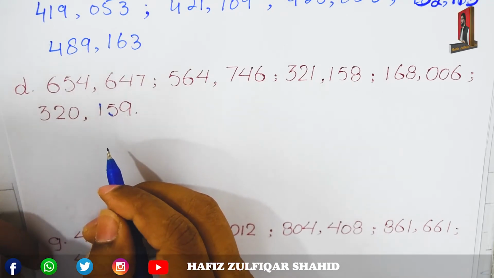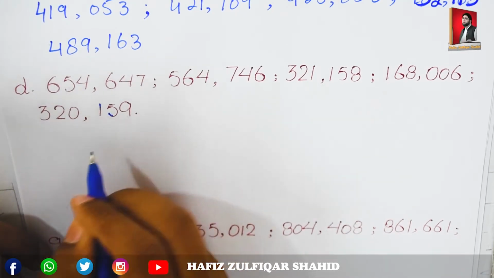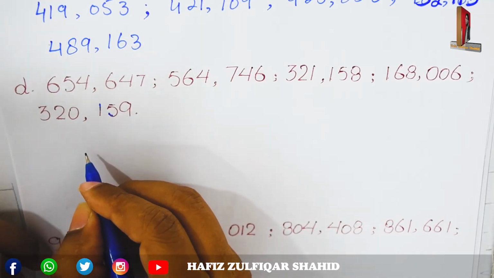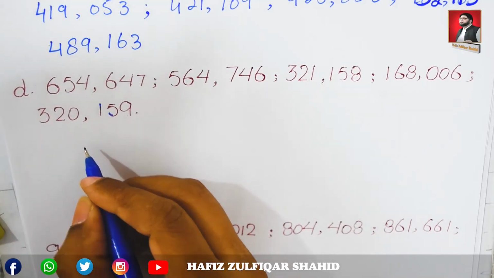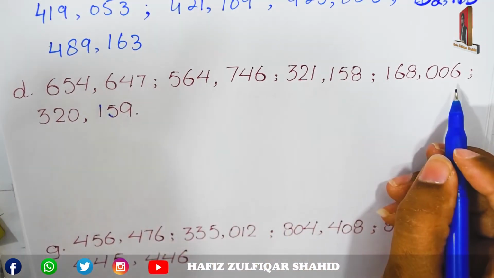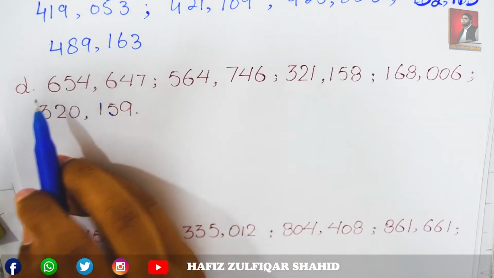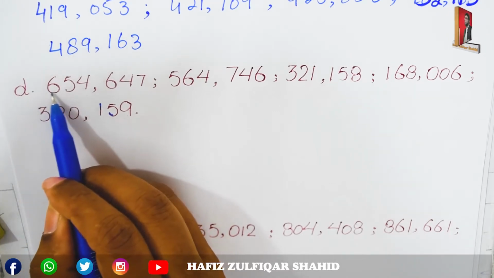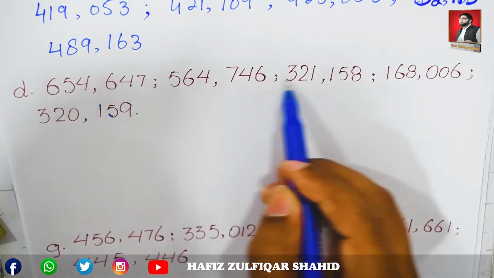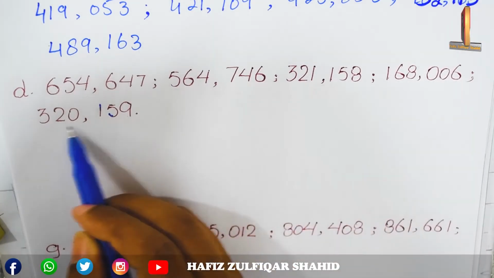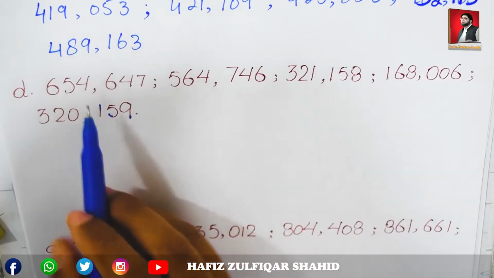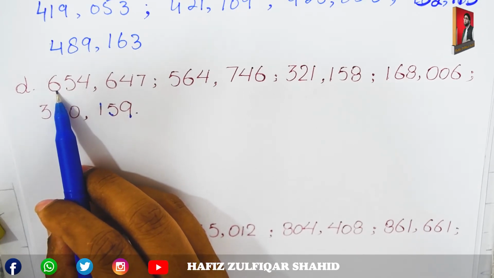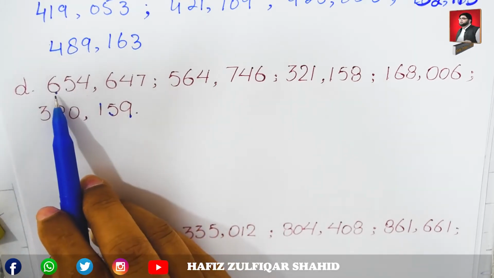Let's write the smallest number in the bunch, and it is, first compare from the largest place value number. See, we have 6 digits in each value. Now take a look on the first digit.